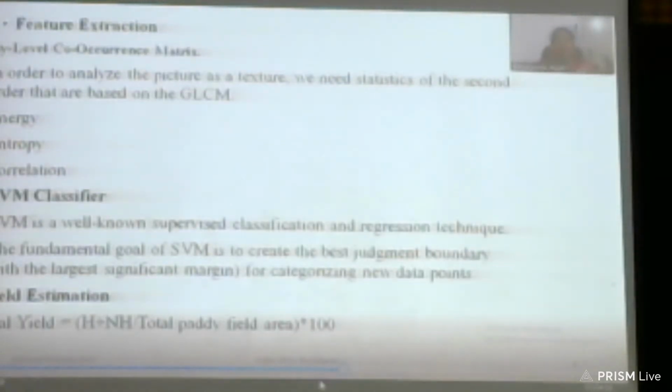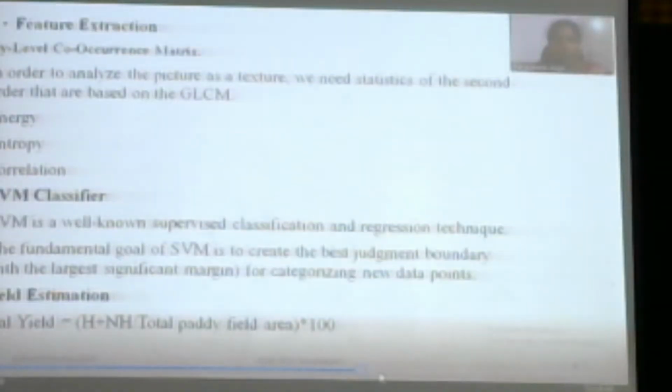After extracting the nitrogen affected region and dividing the nitrogen deficient region and the healthy region, it is not sufficient to categorize only on that, so for that purpose we go for feature extraction.